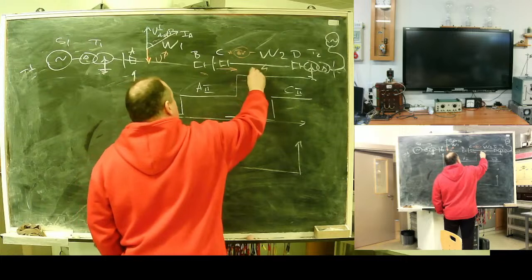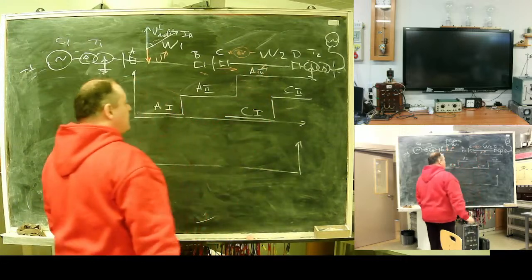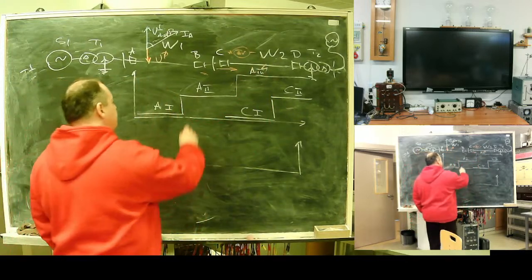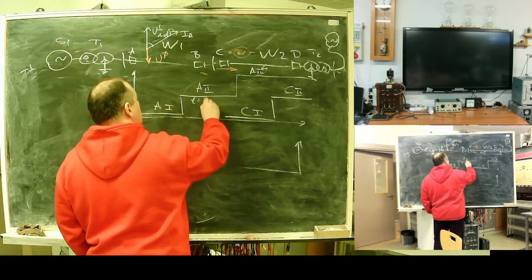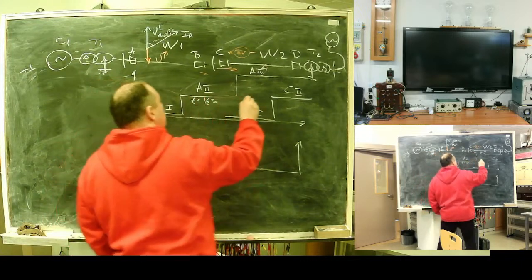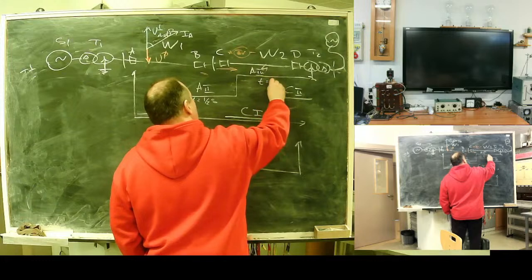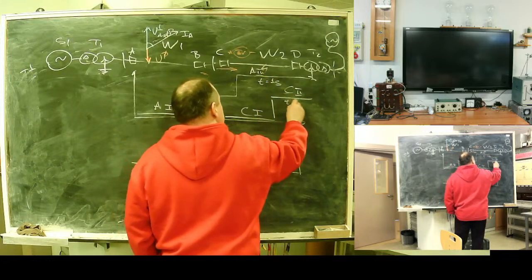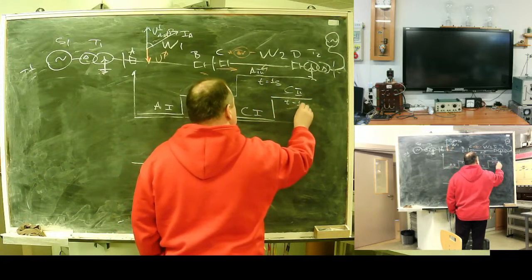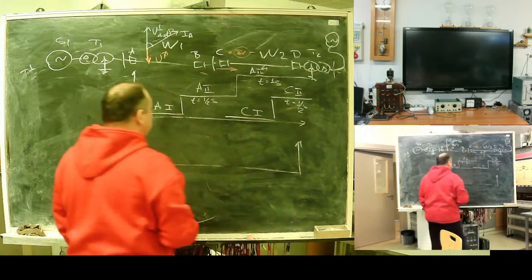A2, A3 delayed zones. 1/2 of second, T1 second, T1 half of seconds.